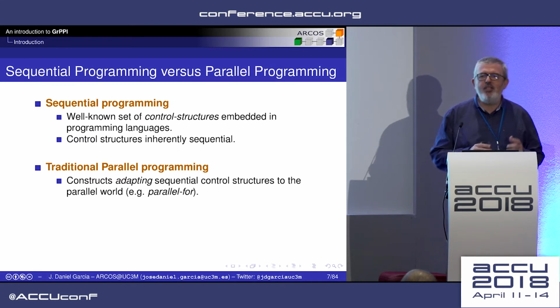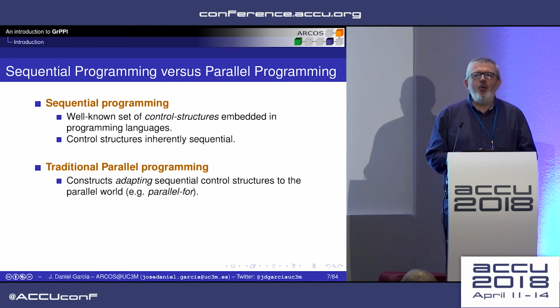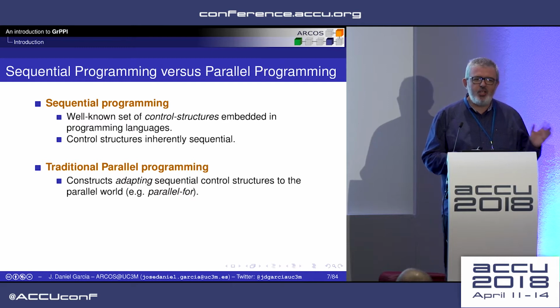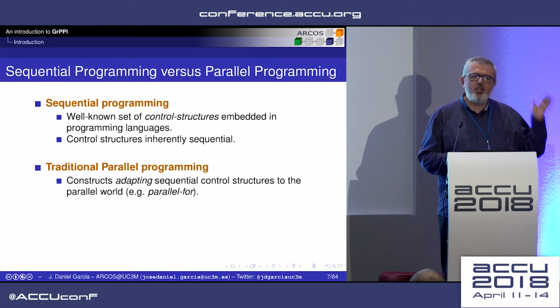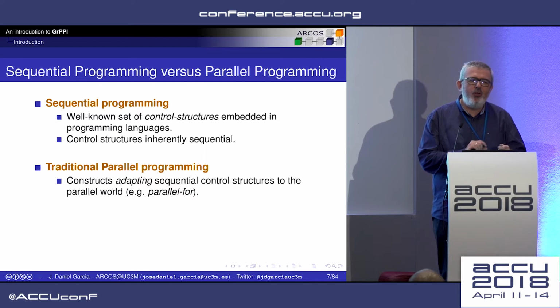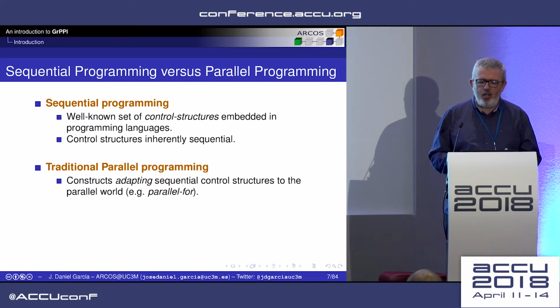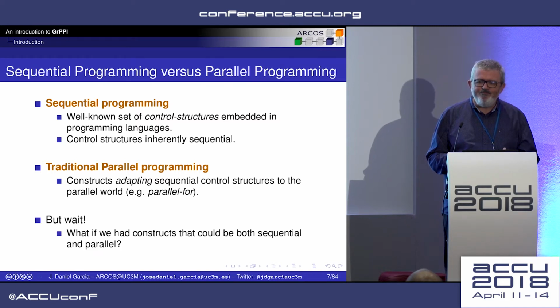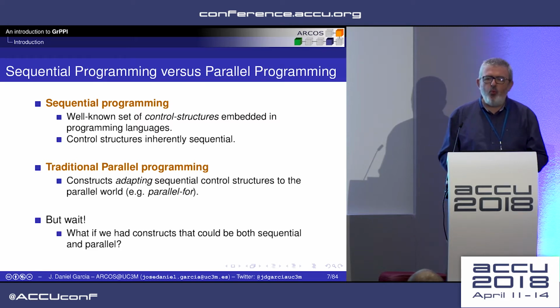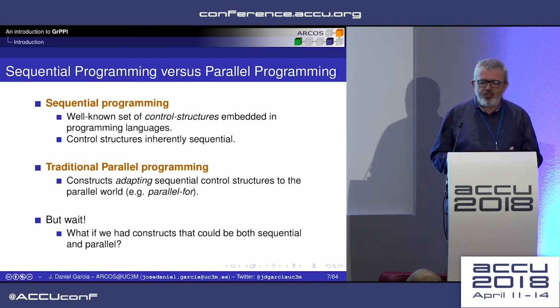You have this for loop where we had introduced sequentiality, so first iteration, second iteration, third iteration, and now you try to convince it to become a parallel control structure. Now, what if we had constructs that could be both sequential and parallel?